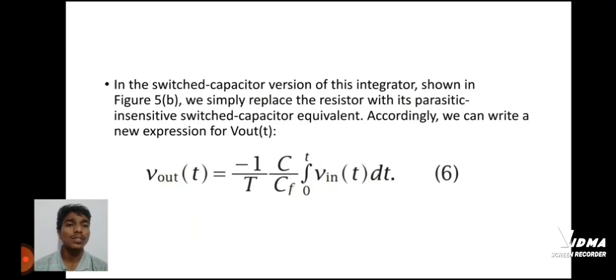In the switched capacitor version of the integrator shown in Figure 5b, we simply replace the resistor with the parasitic insensitive switched capacitor equivalent. Accordingly, we can write a new expression for Vout of t.